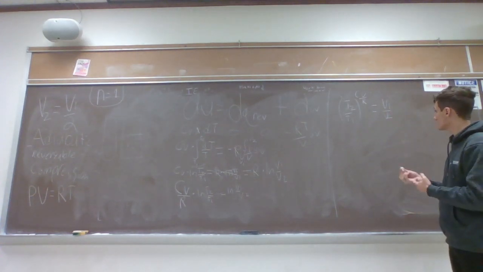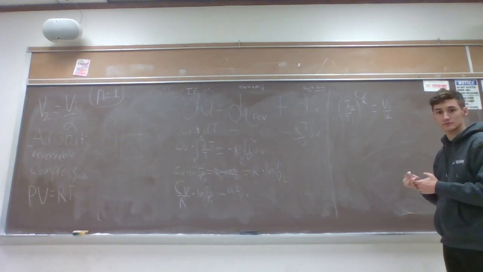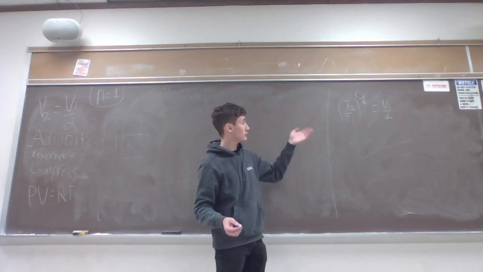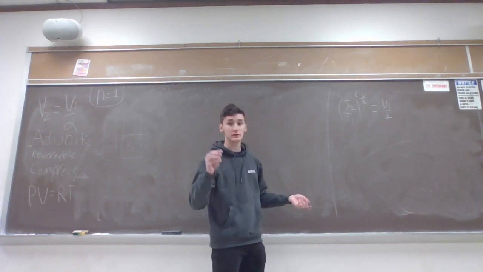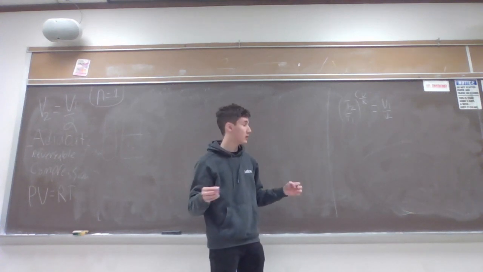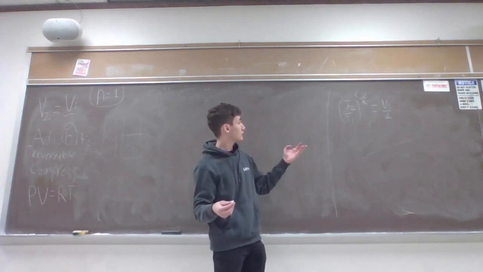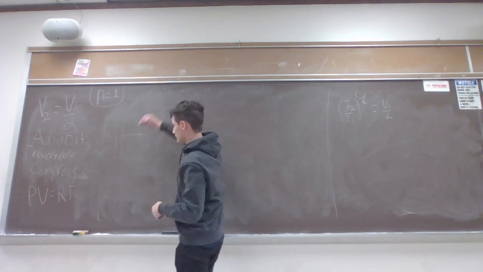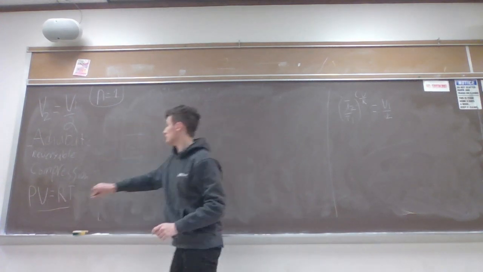And from here, you can mess with the powers. So from getting T2 over T1 to the CV power over R equals V1 over V2, we're going to have to take a step back and rewrite T2 and T1. So over here, we're going to rewrite using PV equals RT.